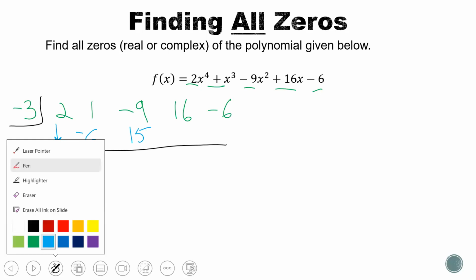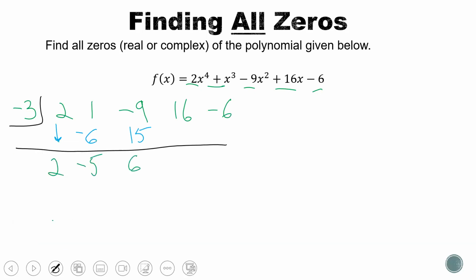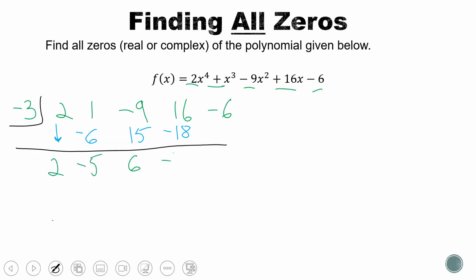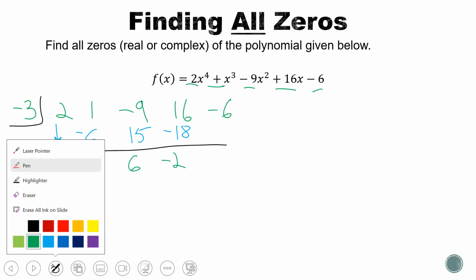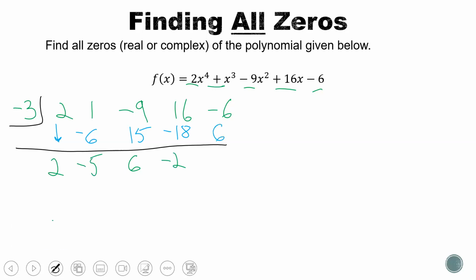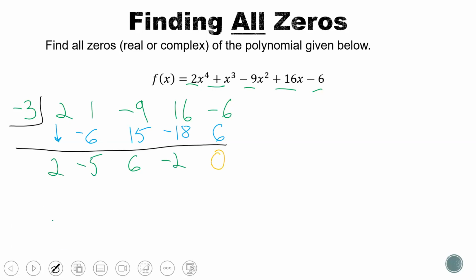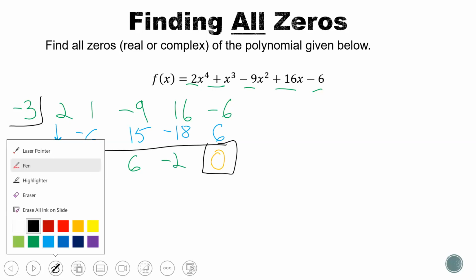Plus the -9, that'll give us +6 times -3, gives us a -18. +16 plus -18 is -2. Times the -3 gives us +6. When that's combined with the -6 there, we get 0 at the end, as we should expect, since we knew that -3 was a zero of this polynomial.